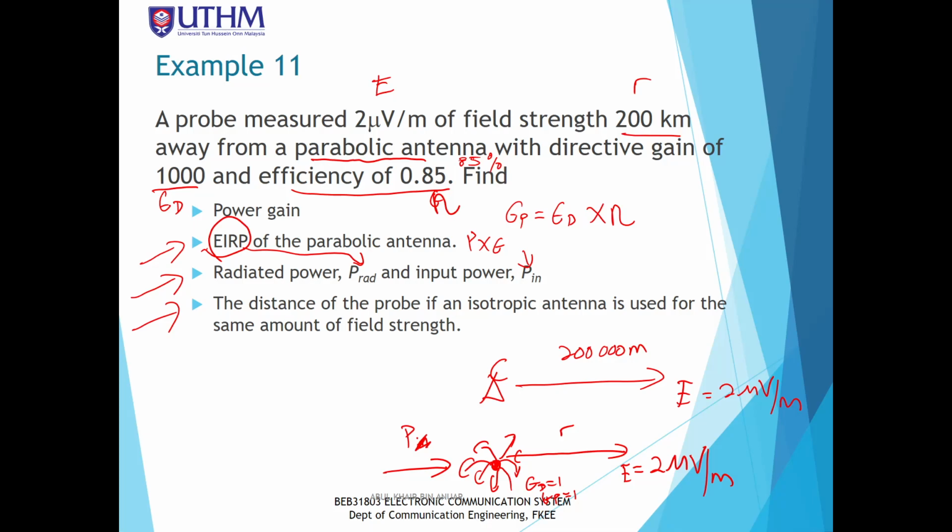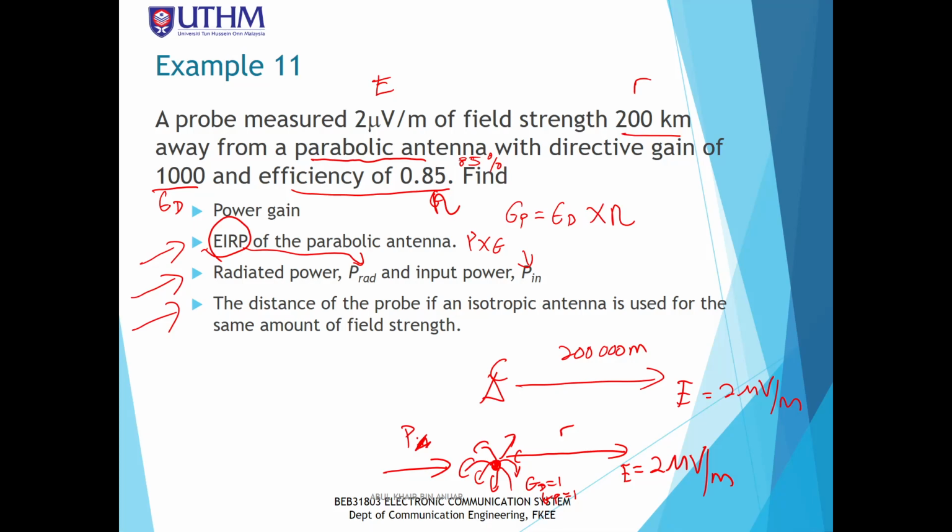Kita boleh mencapai E field sebanyak 2 microvolt per meter pada jarak 200 kilo. Maknanya electric field is very strong at 200 km. Whereas for the isotropic antenna, we only achieve the same amount of electric field but at distance 6 km. Itu dia punya perbandingan. That's the comparison that we see.